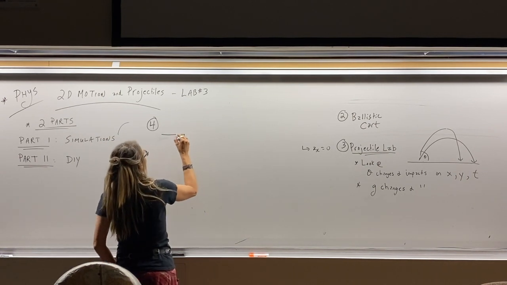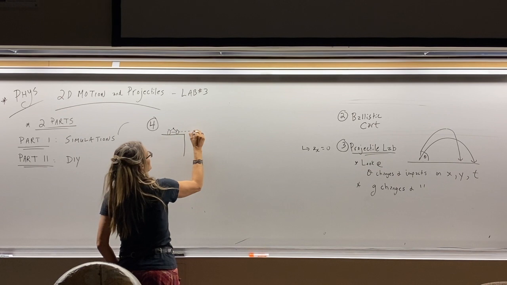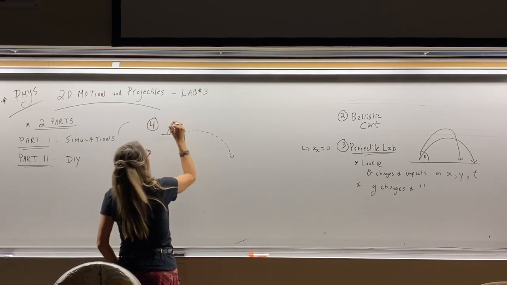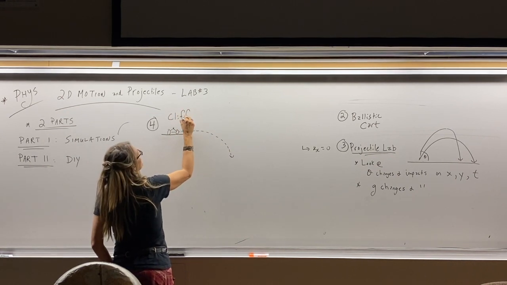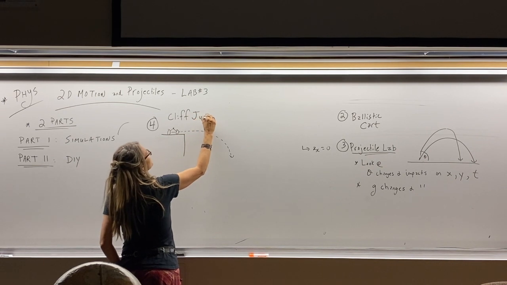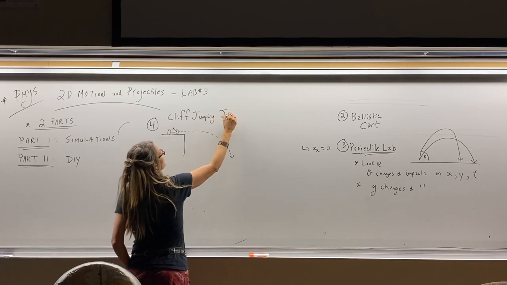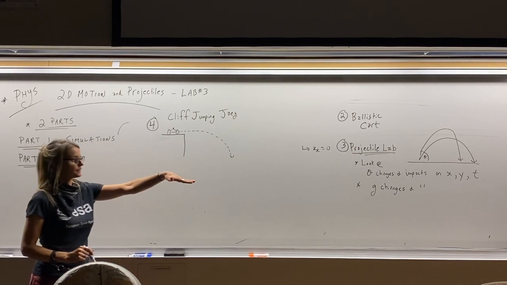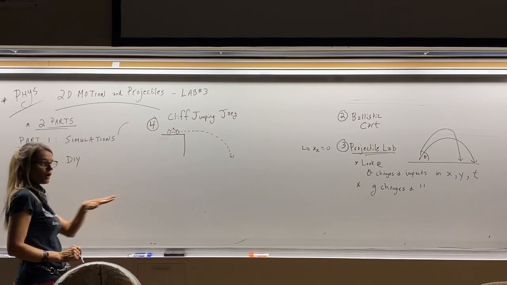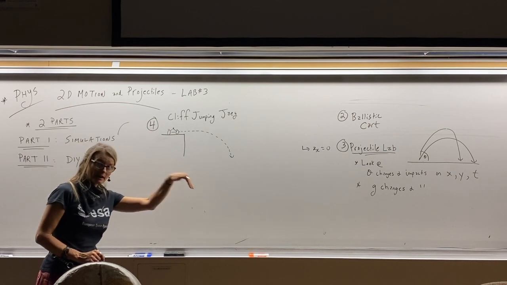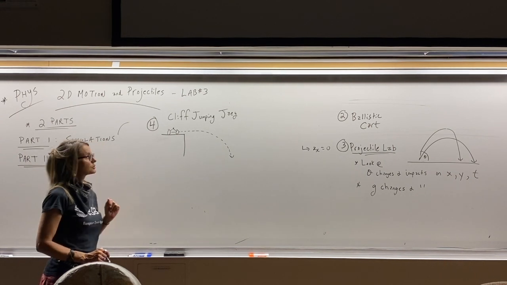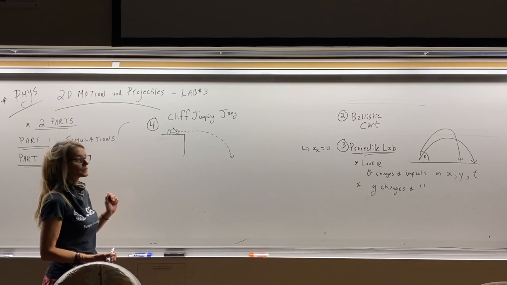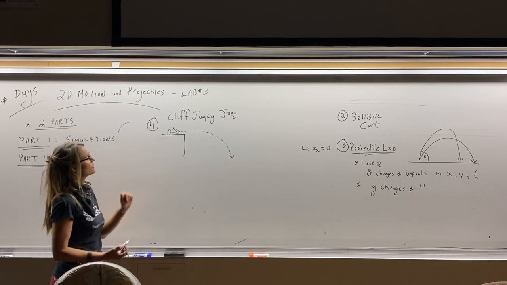So here we have a bicycle jumper. And they're going to go off a cliff. This is cliff jumping Joey. So we're going to throw this object off a cliff, and this is going to be much like rolling a ball off a table and finding out how far it lands and trying to figure out some unknowns like how long that takes and the initial velocity.